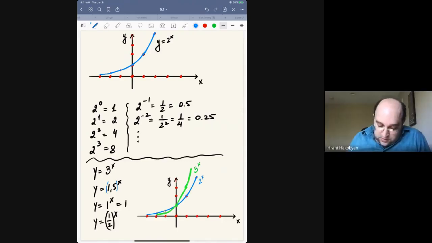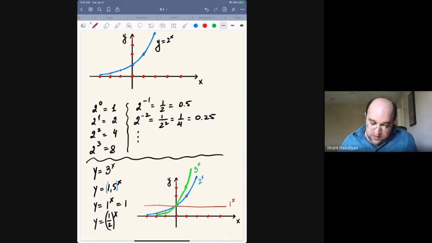Okay, so then 1 to the power x, of course, would look like this. So I can draw it for you as a straight line. Okay, this is 1 to the power x. And so I could also do 1.5 to the power x.